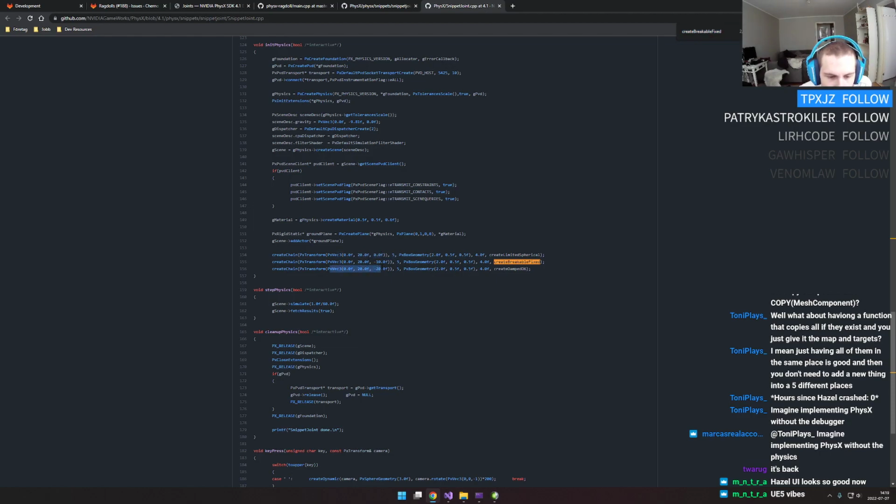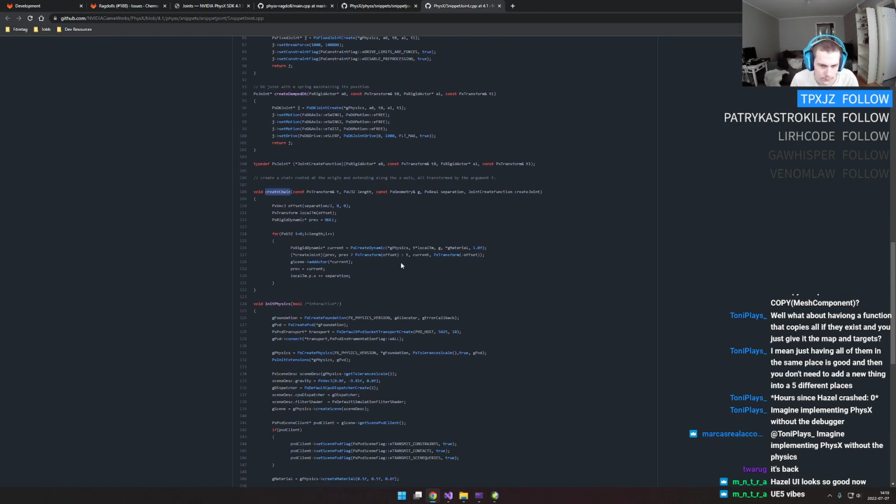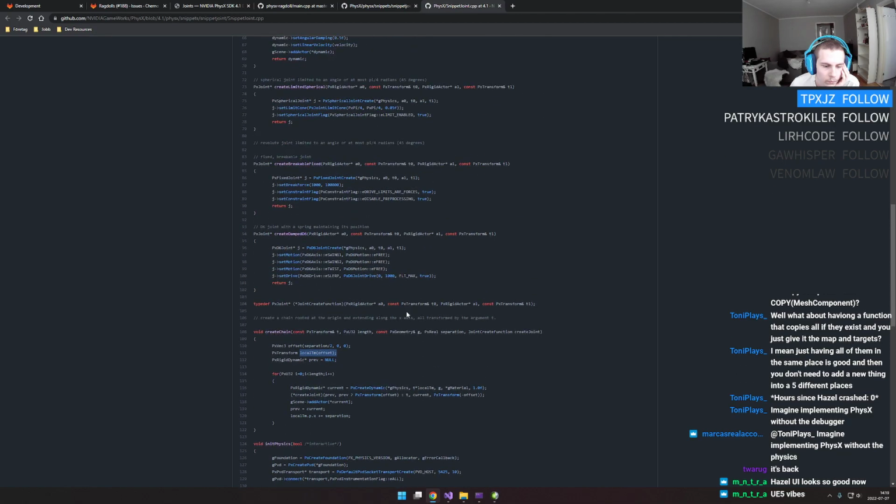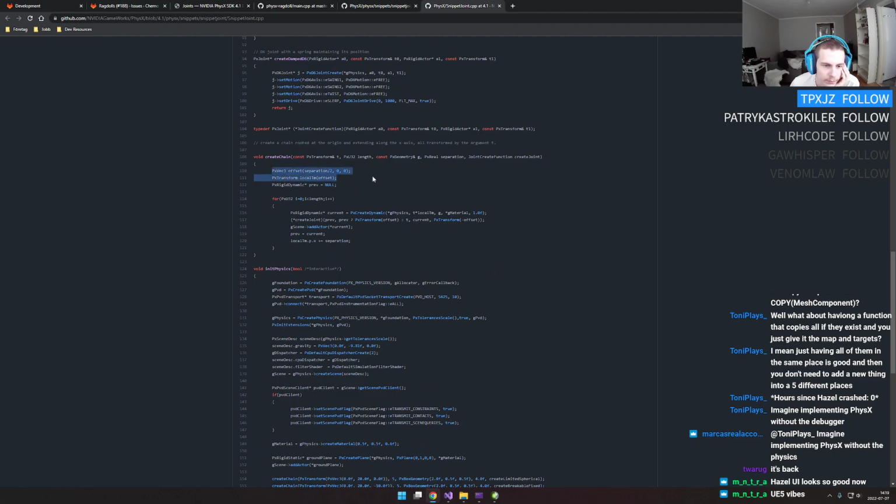Okay, so they've just hard-coded some stuff into here. Offset, which is the separation divided by 2. Yeah, I think we should be calculating the offset.